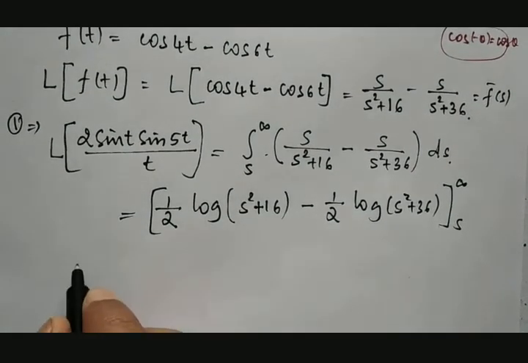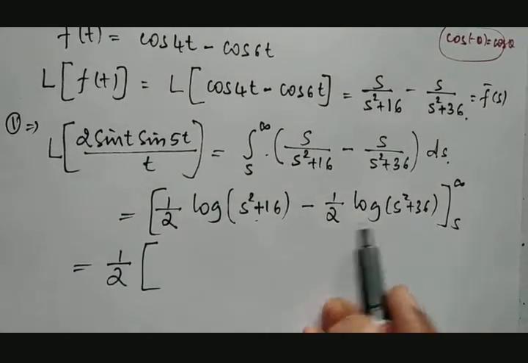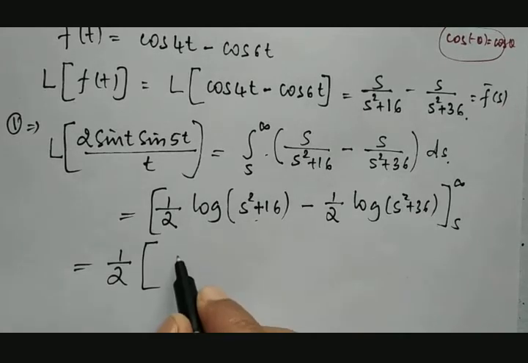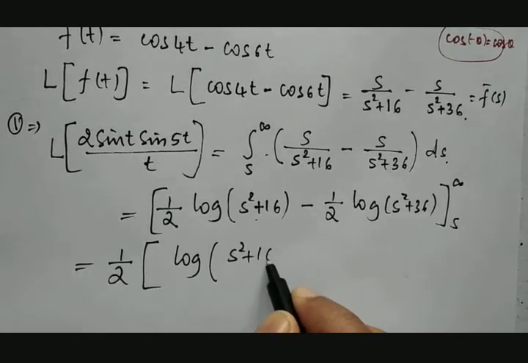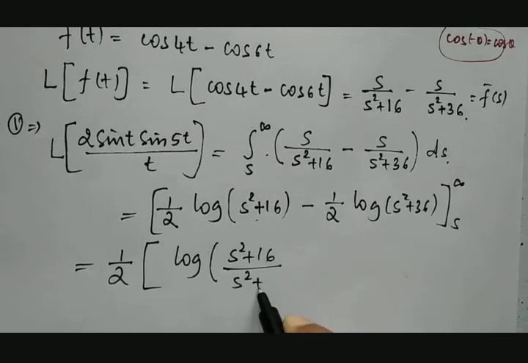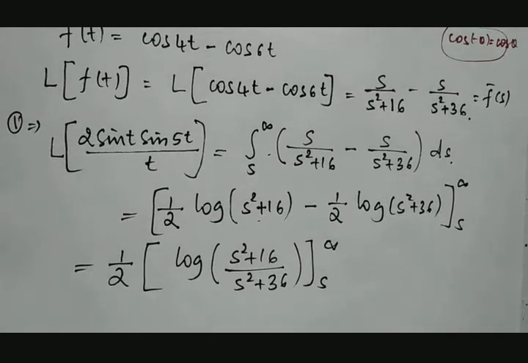Therefore, which is equal to 1 by 2, a common term, take it out. Then applying the logarithm property on both sides, it will be equal to log of s square plus 16 divided by s square plus 36 between s to infinity.